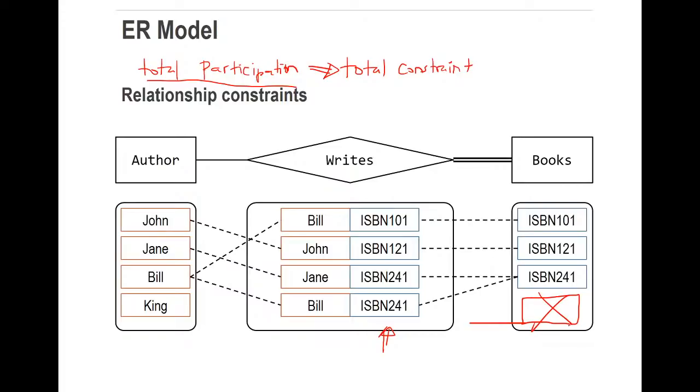There can never be such a book. But the author is unconstrained. Another way we can write this is 0 up to n. N is arbitrary, so 0 up to n. So King here is an author, but he hasn't written any book. There is a possibility for this because author is unconstrained, but books has a total participation constraint. So a book must have an entry in the writes table.